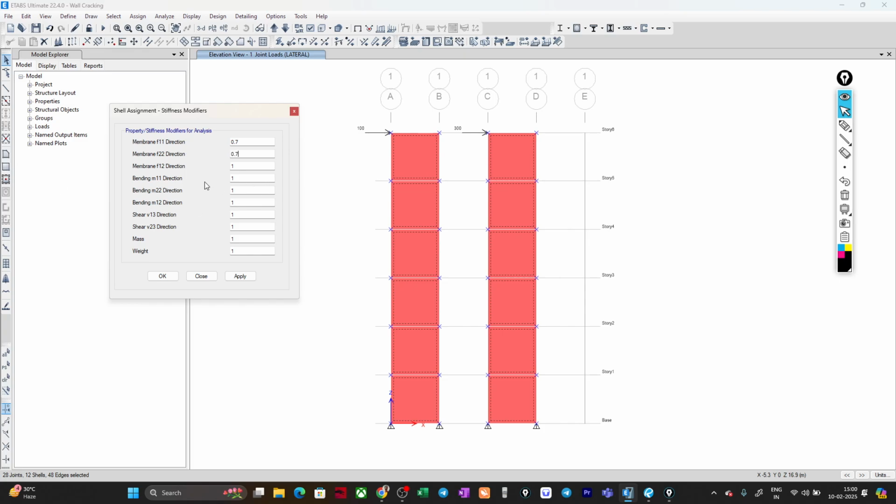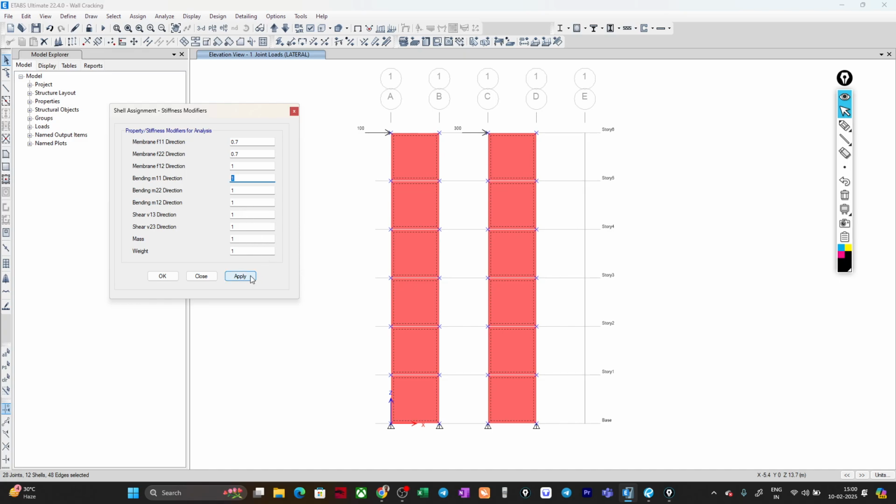We do not have an out of plane axis, so that's why we are keeping it 1. Otherwise I would have made it 0.1 or 0.7 based on my loading condition or structural system. As of now I'm keeping it 1, but in your case you should decide whether it will be 0.7 or 0.1.